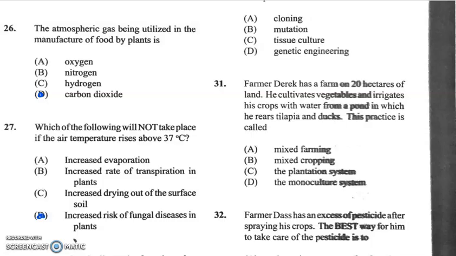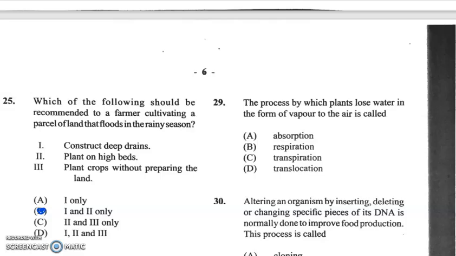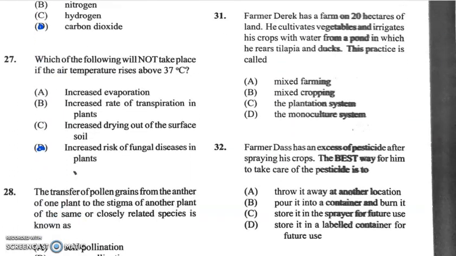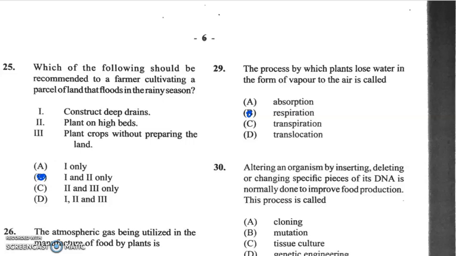Question 28. We're going on very good. The transfer of pollen grains from the anther of one plant to the stigma of another plant of the same or closely related species is known as, and the best possible answer for question 28 is B, cross-pollination. Question 29.